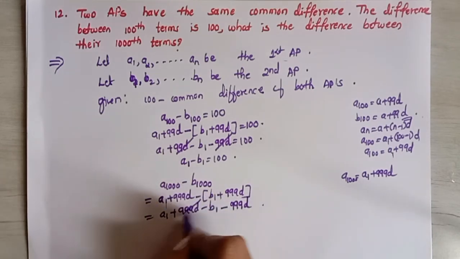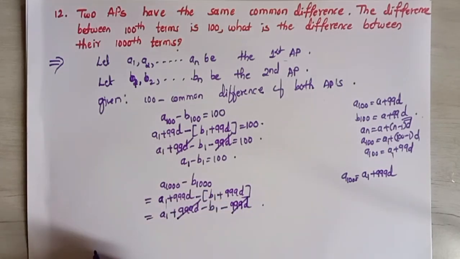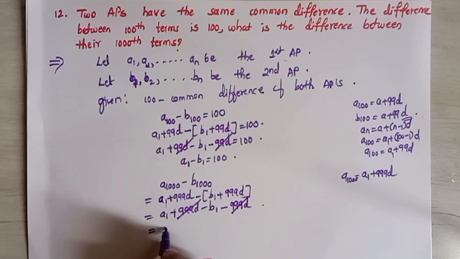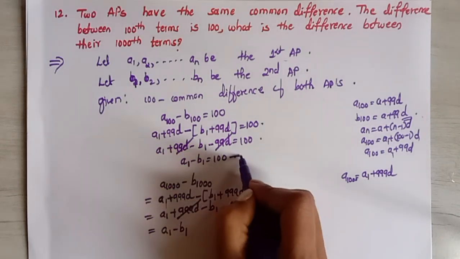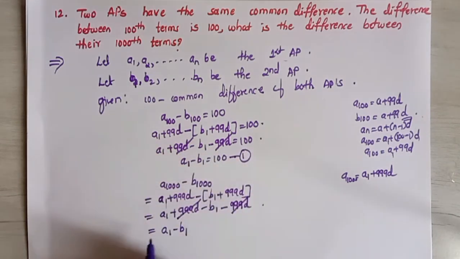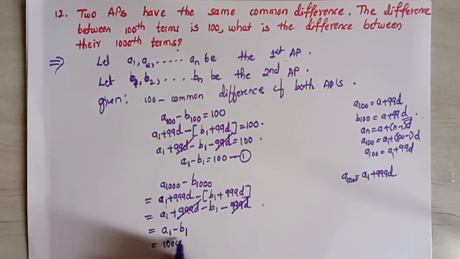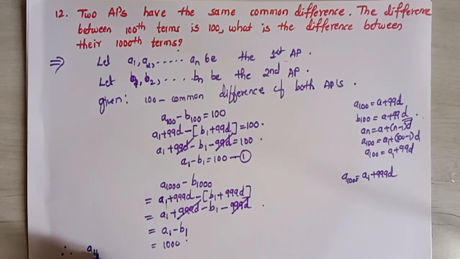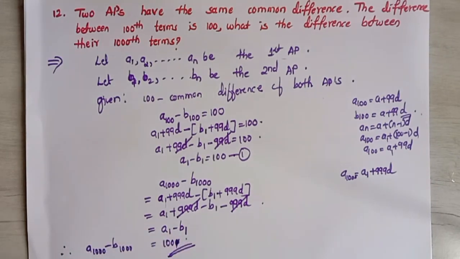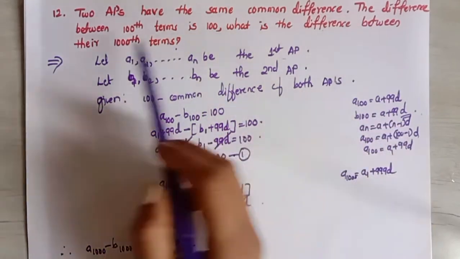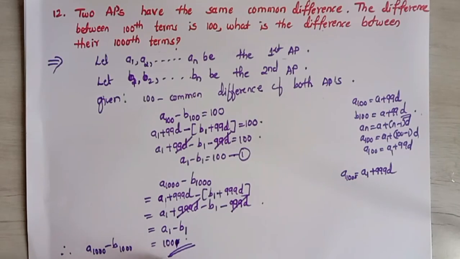So, here plus 999d and minus 999d get cancelled. So, we are left with A1 minus B1. So, what is A1 minus B1? From this, A1 minus B1 is 100. Therefore, A1000 minus B1000 is 100. Okay. So, therefore, the difference between the 1000th terms is 100 only.